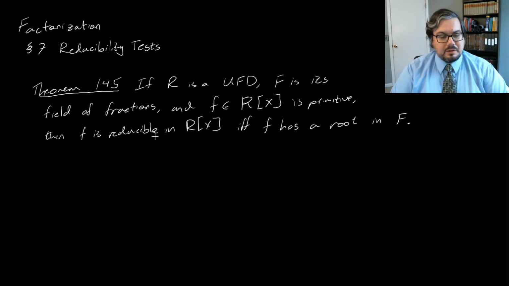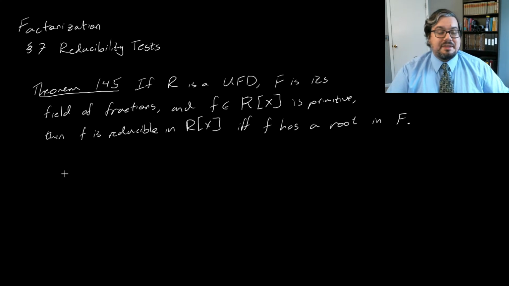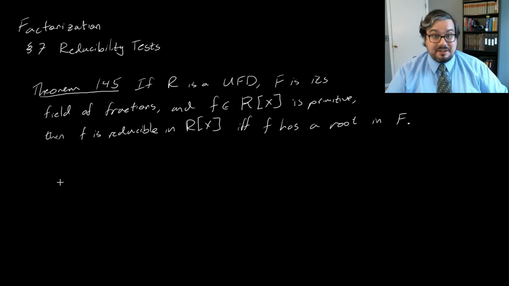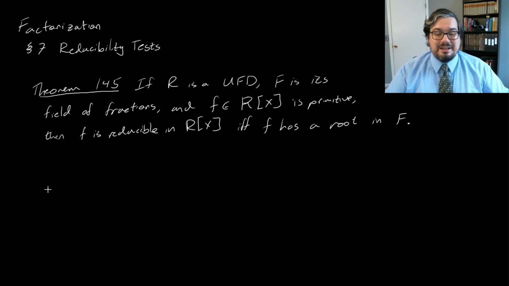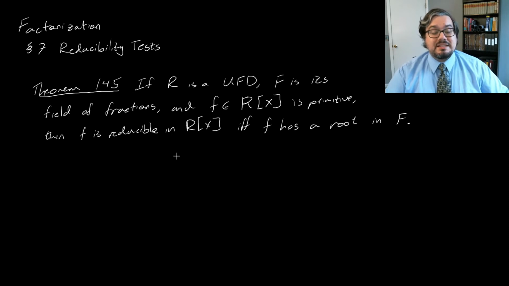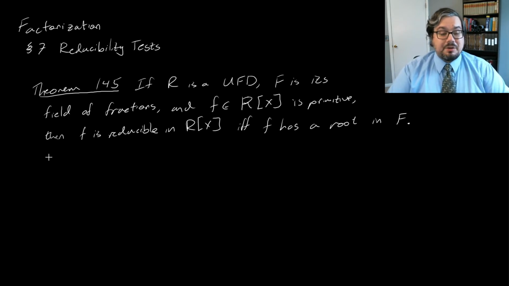So note that the field of fractions of a field is just that field back again. And so this theorem is often stated just for polynomials over a field, but by corollary 140, we can state it in this slightly more general form.